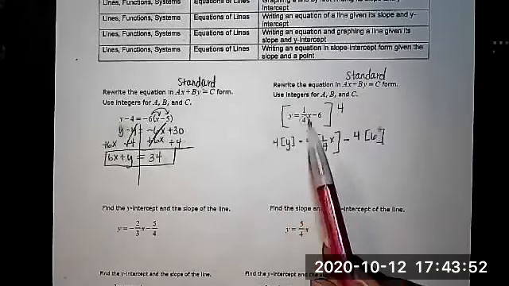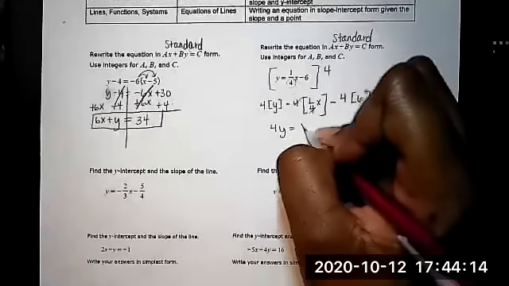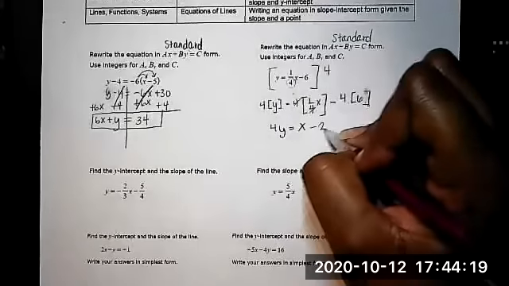Okay? So now that I've done that, now I can multiply. 4 times y is 4y equals 4 times 1/4. What happens is those cancel out. So it becomes 1x. So just x. Okay? And negative 4 times 6 is negative 24.